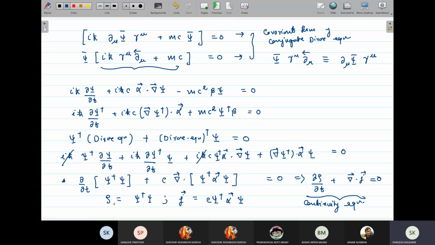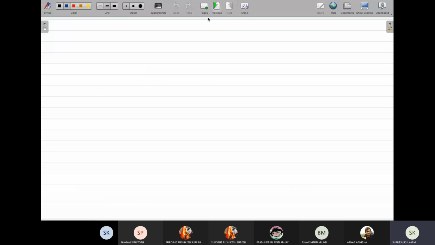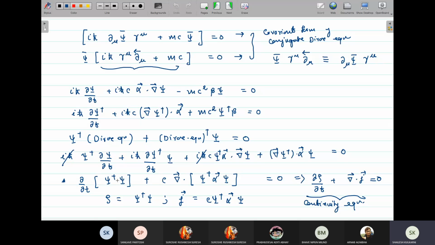So rho is our charge density and J is the current density. We'll come to this expression again, but let me write this entire thing in a coherent form. I can insert here gamma 0 square.